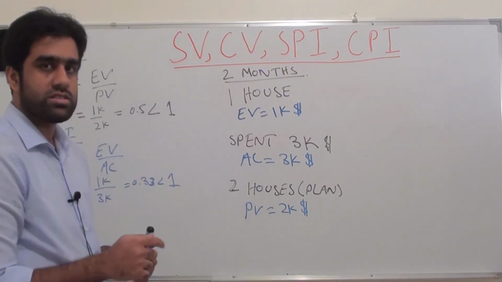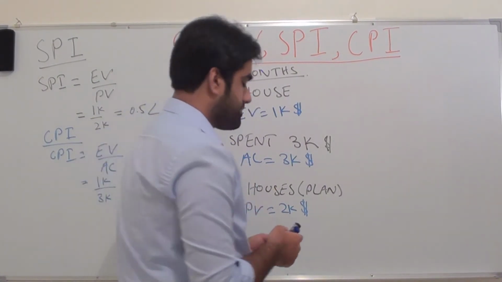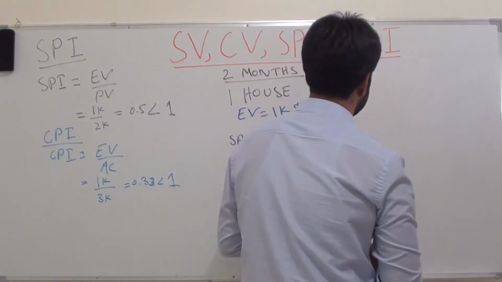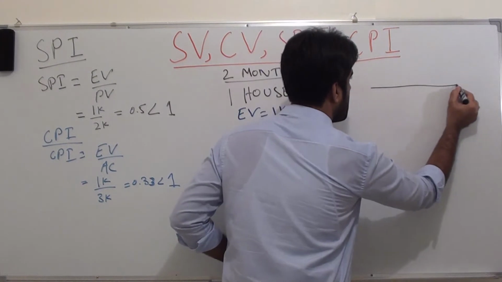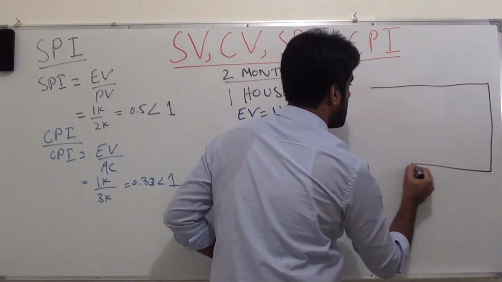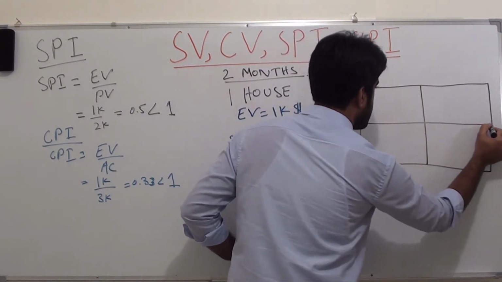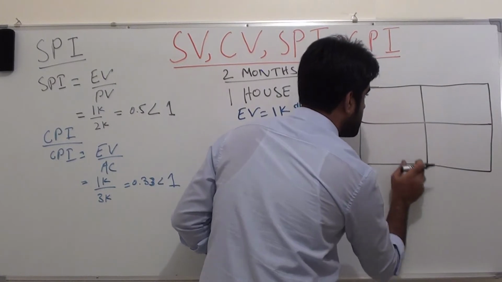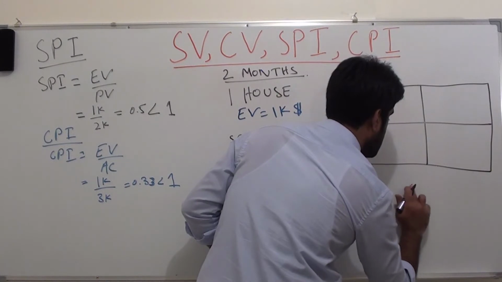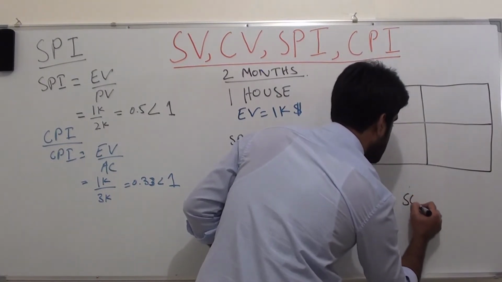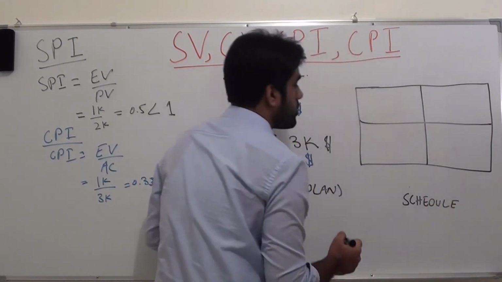Okay, so let's draw this in one box that will help you understand what means what. Let's have these columns for schedule.